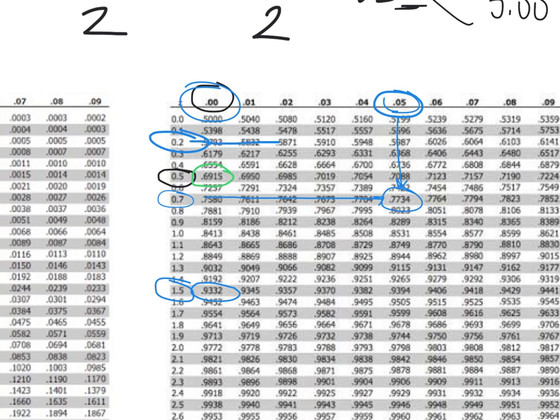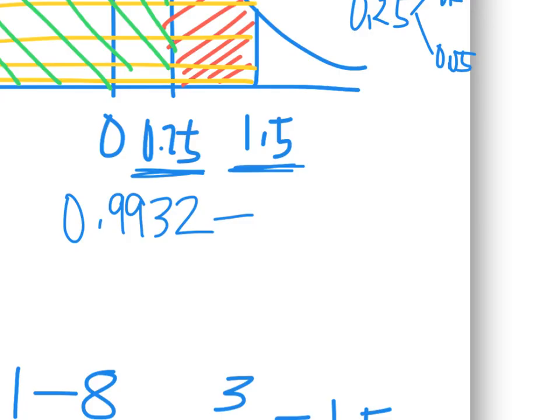You trace to the right, then you trace it down. You have 0.5987. For 0.25 the area is 0.5987, and then we subtract the two to get the area in between.